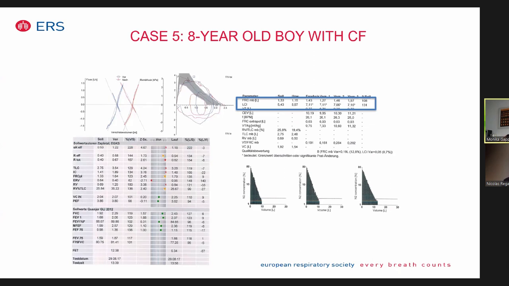What you see here is an expiratory reserve volume which is lower than expected, whereas all the other values, static lung volume, FRC, total lung capacity, and vital capacity here during spirometry are even supranormal, higher than expected. And this is for me an indication that there is some technical problem, cooperation problem in this patient.